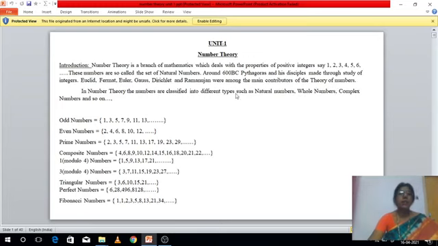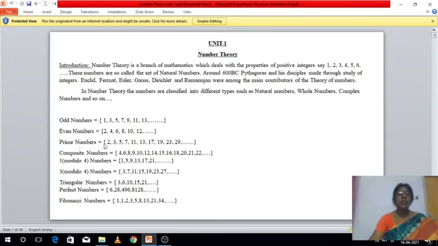I begin with odd numbers. The odd number set starts with 1, 3, 5, 7, 9, 11, 13 and so on. Similarly, the set of even numbers is 2, 4, 6, 8, 10, 12. Similarly, the prime number set starts with 2, 3, 5, 7, 11, 13, 17, 19, 23, 29 and so on.